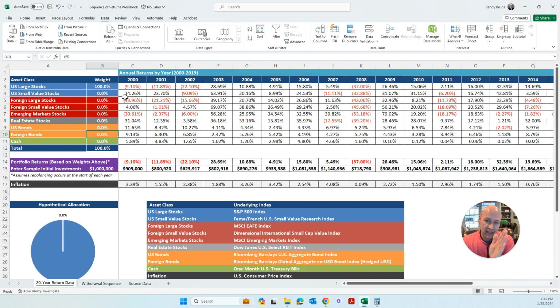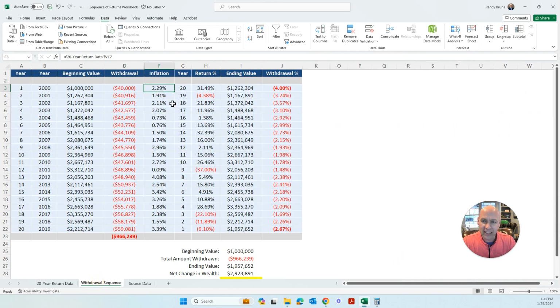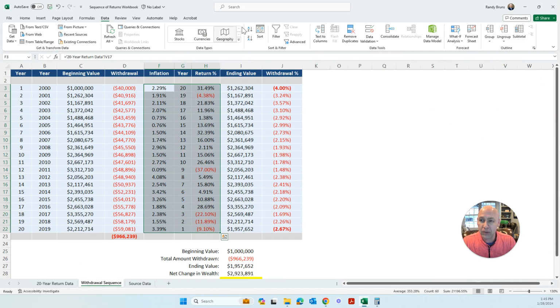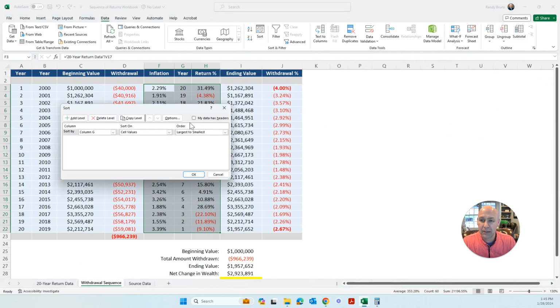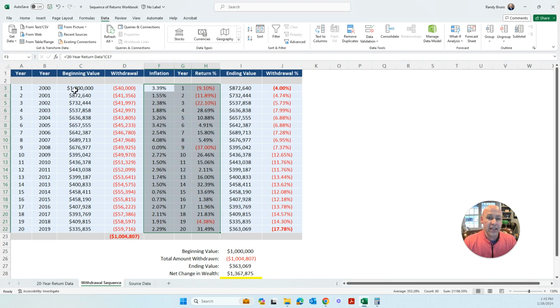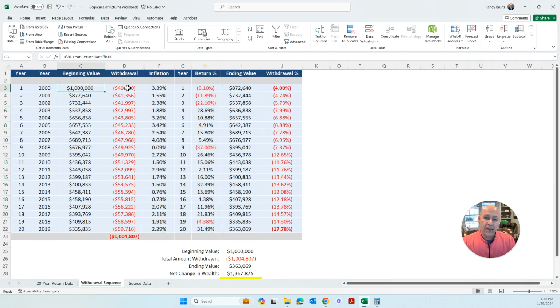So now you'll see it's the same returns as the S&P. Let's go to the sequence of returns risk, and I'm going to inverse this back to the actual order of returns. Here you started with $1 million. You got the same $1,004,807 in withdrawals. But here's what happened to a portfolio invested in the S&P 500 over the 20-year period from 2000 to 2020, basically.